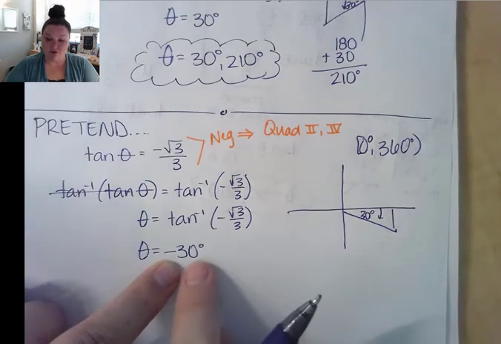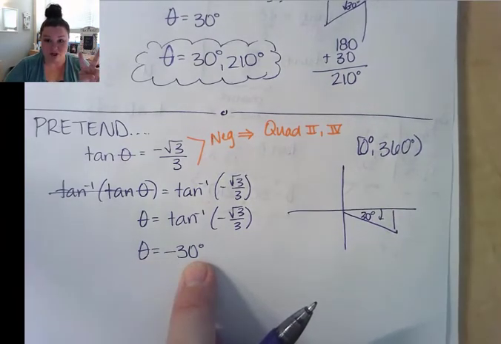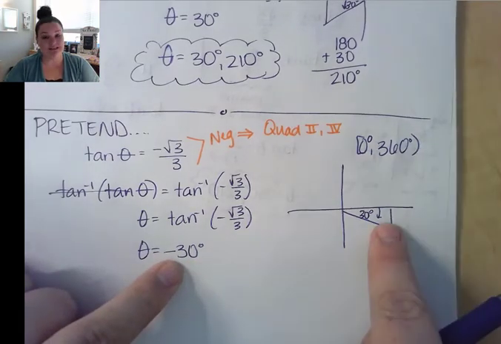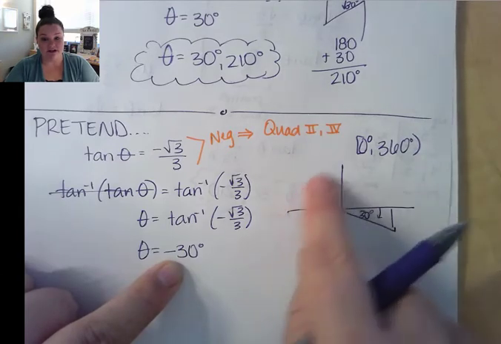So once you have your answer, you have two jobs to do if you get a negative. One is to make sure that this is your only answer. You have to check to see, is there any other answer out here?